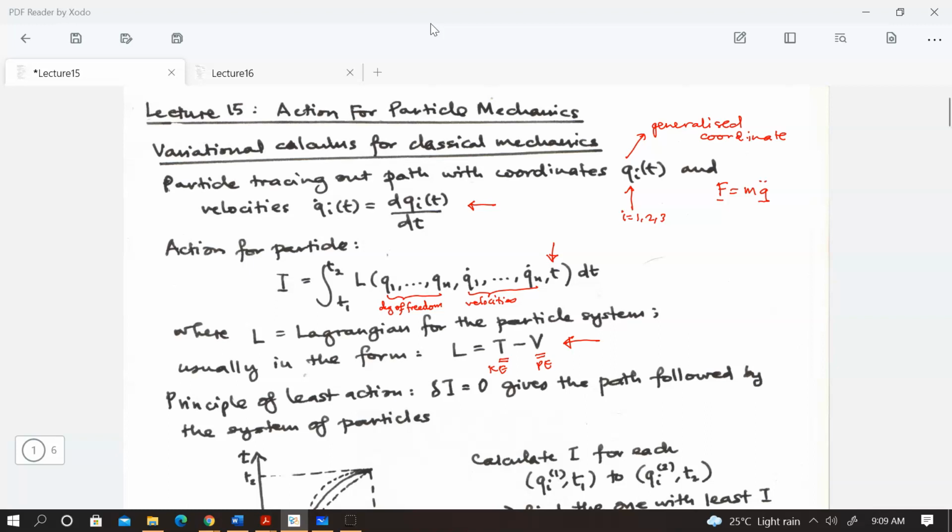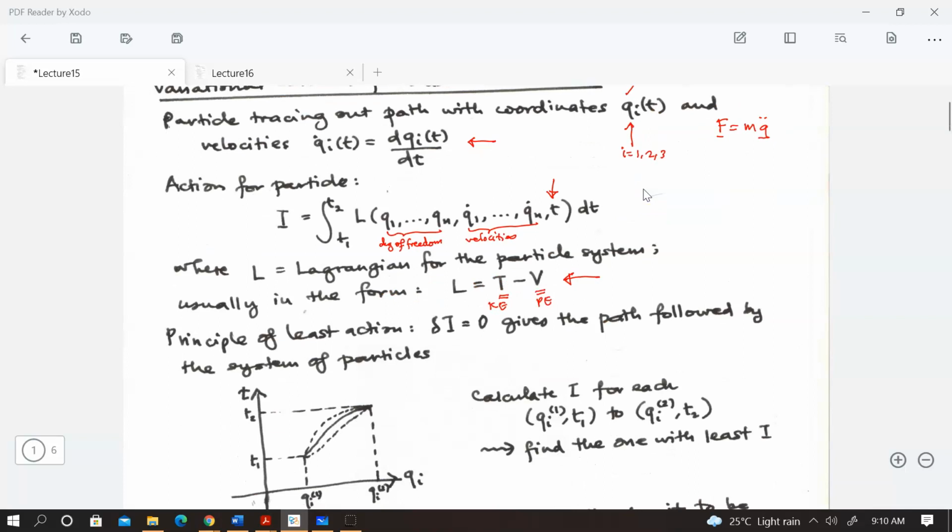In the old literature, this is a kind of measure that tells you how the system can do work, but I will not go into that archaic notation. Essentially the Lagrangian over here will determine this action.